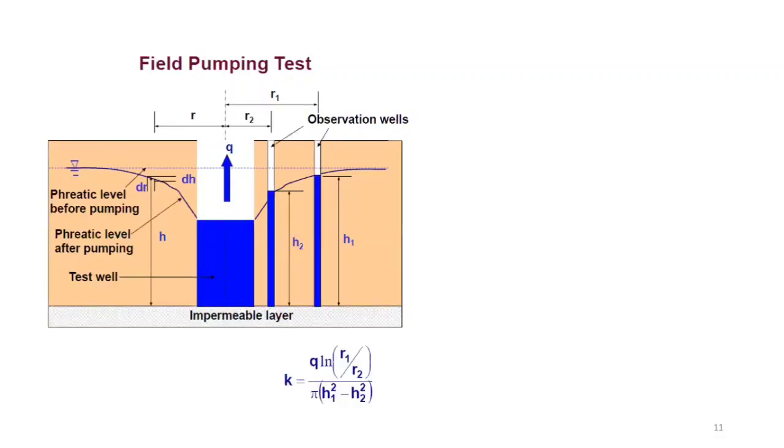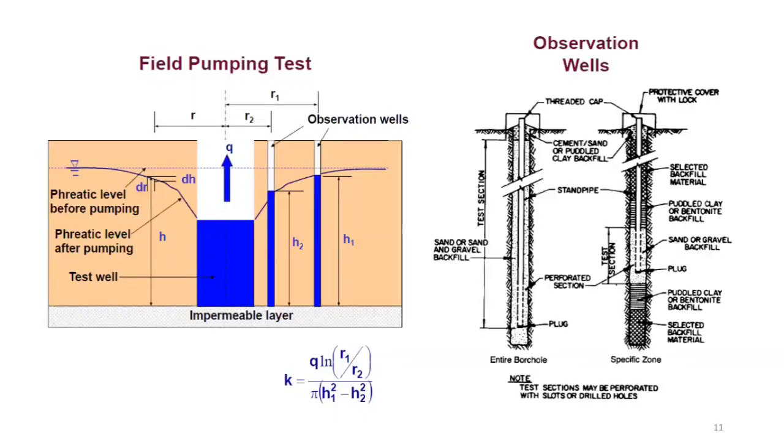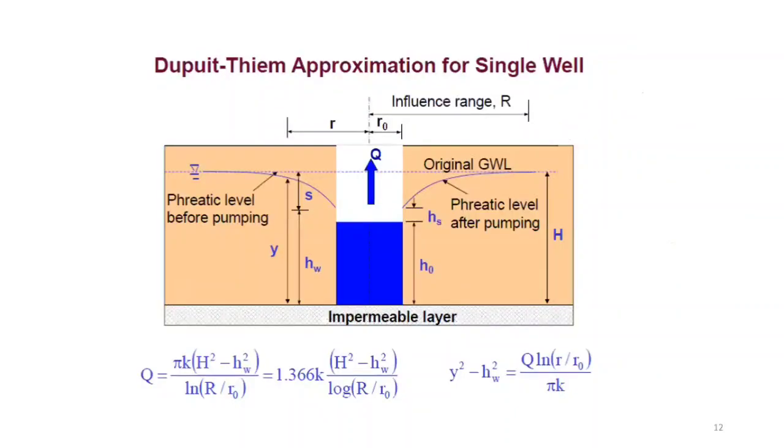And there are relationships available for calculating the in situ permeability of the ground. But remember that this relationship is applicable only to this specific condition, which is called an unconfined aquifer. If we have different types of aquifers like confined or mixed or some other situations, then different formulas are applicable.